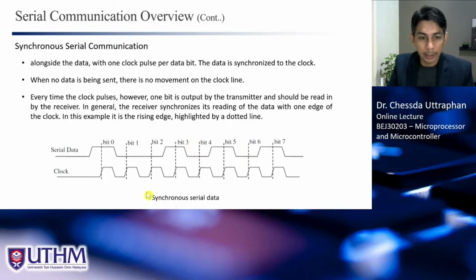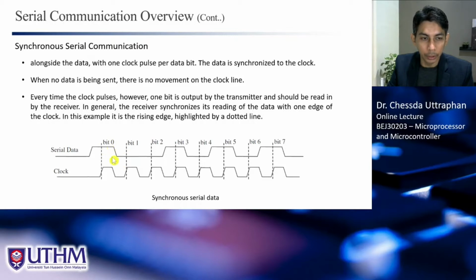And this is an example of how we synchronize the data between the transmitter, the sender, and the receiver by using the clock, where each clock cycle represents one bit, right? So for example, this clock cycle represents bit 1.